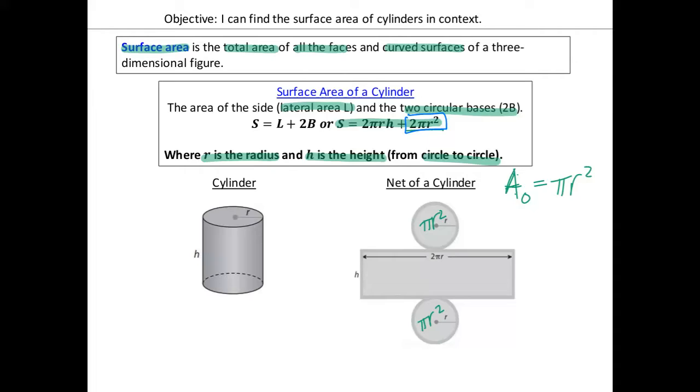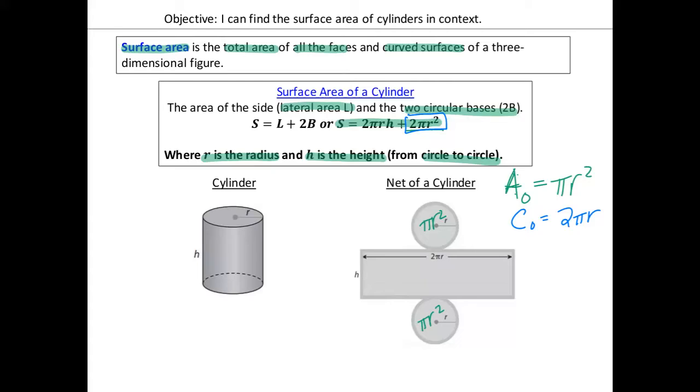And then the circumference of a circle is 2 pi r. Because my rectangle is really the circumference of the circle, it's the length around the circle. So if I open it up, this length right here is really the 2 pi r because it's the circumference, right? So the length of my rectangle is 2 pi r, and then the width is basically the height.